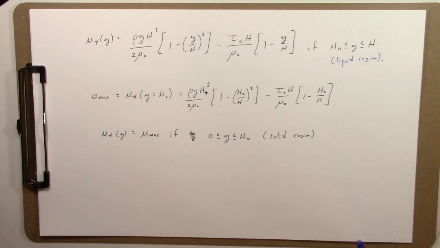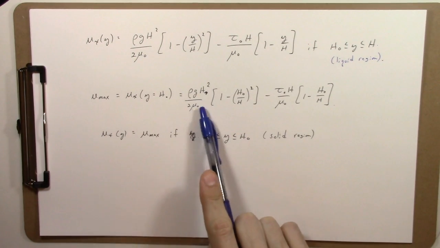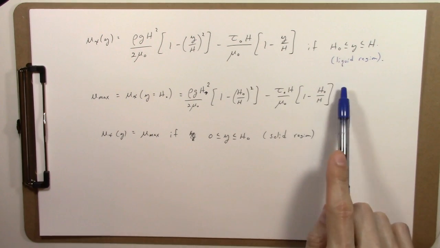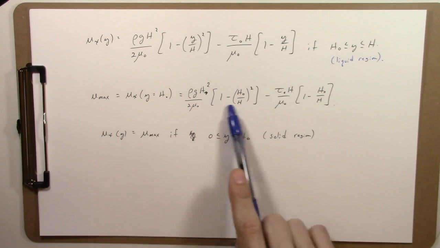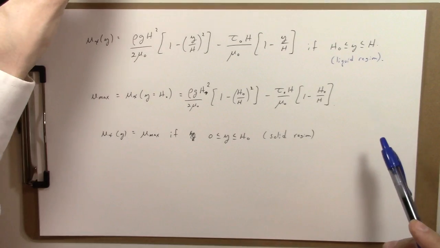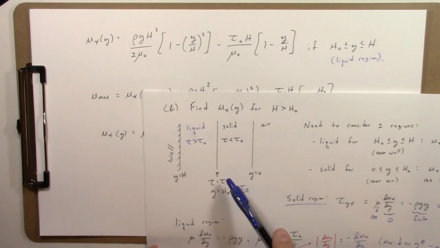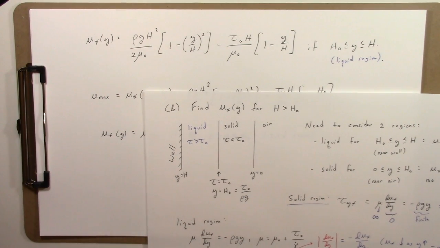So in the liquid region, the velocity varies from 0 at the wall to a maximum value of U max, written out here, where y is equal to H naught. That's a transition from liquid to solid behavior for the Bingham fluid. And if you go further away from the wall than that, into this solid region near the boundary with the air, this will move downward at constant velocity since there's no deformation in the solid, so the velocity is constant.